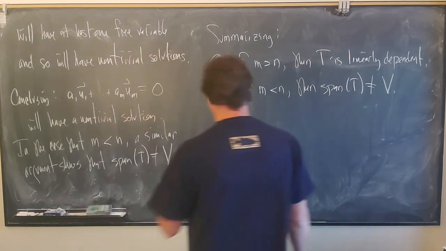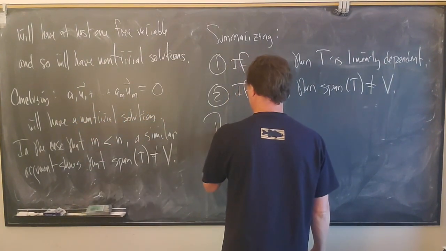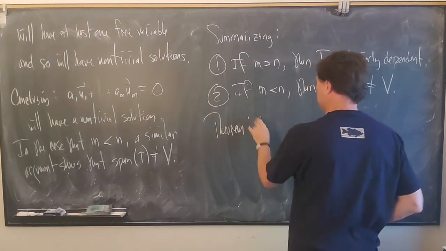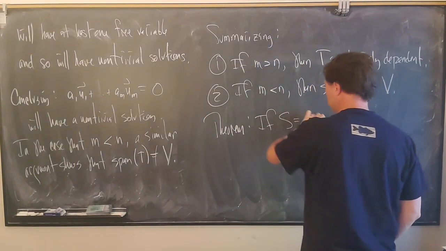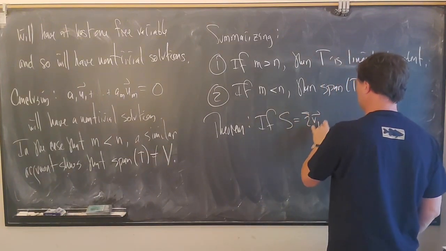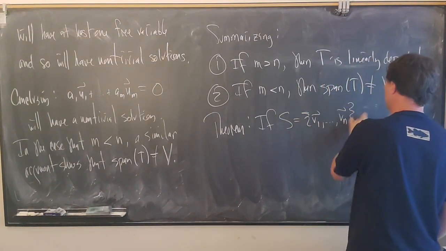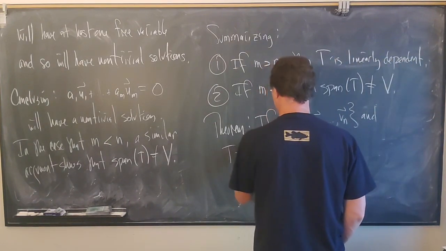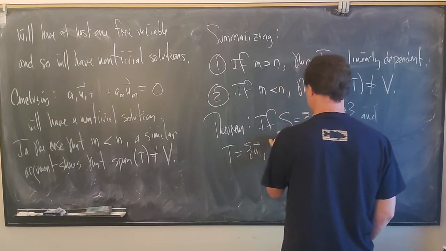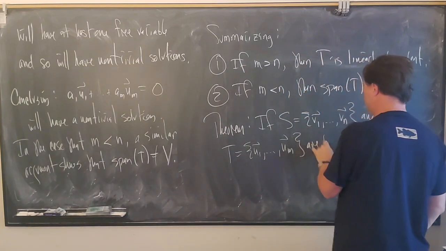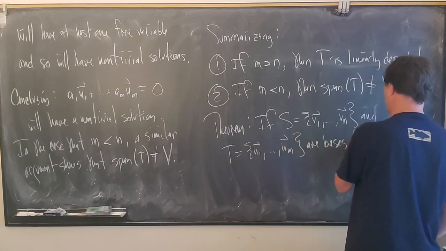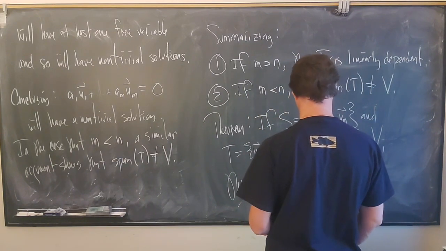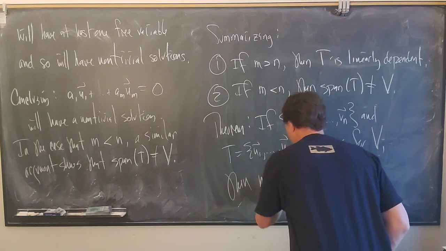So we can combine all of this into a theorem. If S equal to V1 up through V sub n, and T equal to U1 up through U sub m are bases for capital V, then m has to equal n.